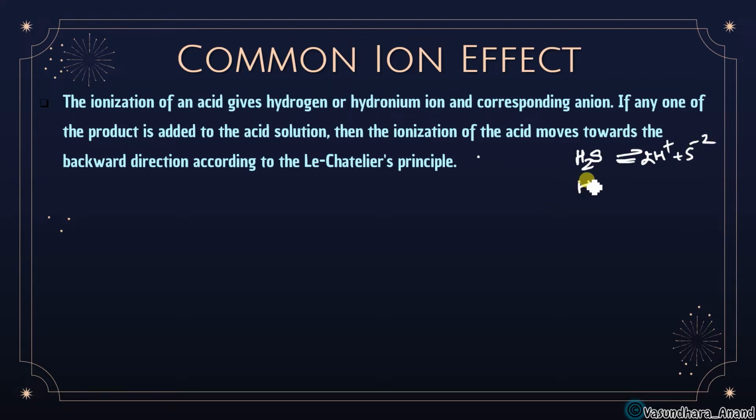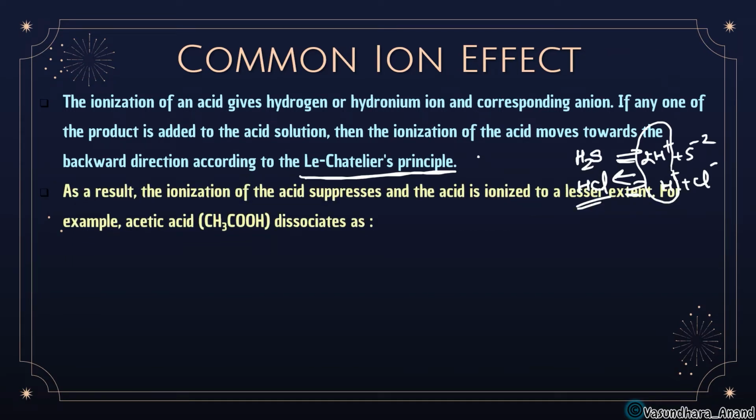And now if I add a strong electrolyte, HCl, what will happen? This is going to increase the concentration of H plus over here. So hence equilibrium will shift in the backward direction. Got it? So that is the same, and that is because of the Le Chatelier principle. So then the ionization of the acid moves towards the backward direction according to the Le Chatelier principle. Clear?